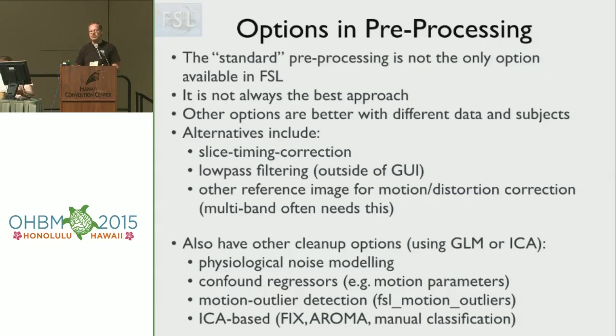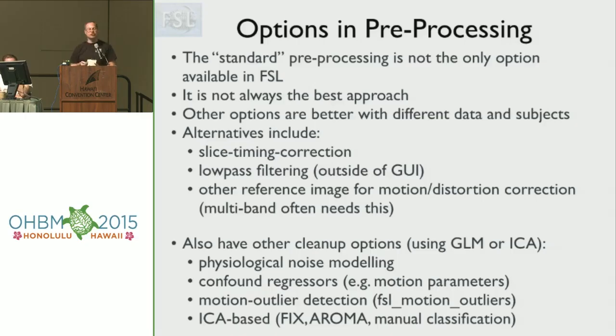It's relatively good at a range of data, but your specific type of data, particularly if it's a little different from the average, is quite often going to work better with different options. So you need to think about different options and explore them when you're considering analysing data sets for the first time.